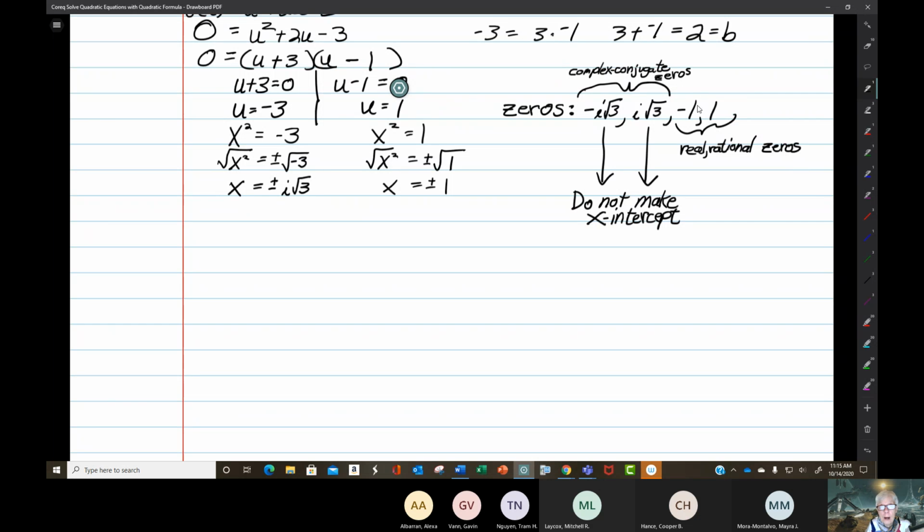Okay, these do, however, they're real numbers. These will make x-intercepts.